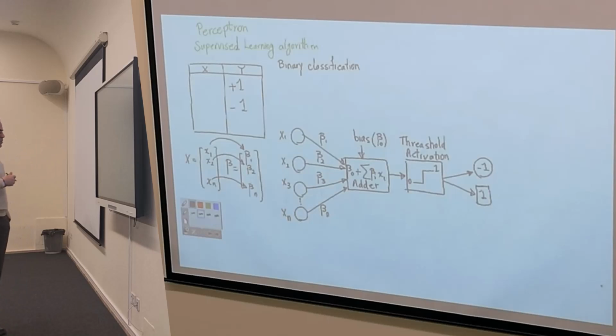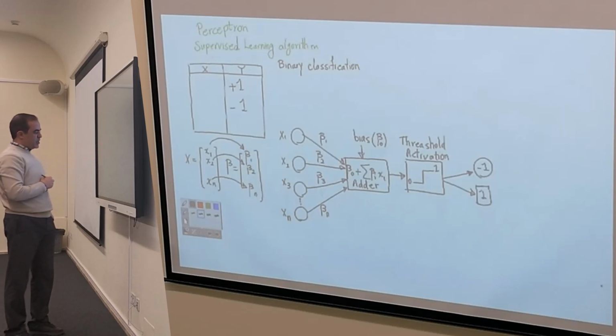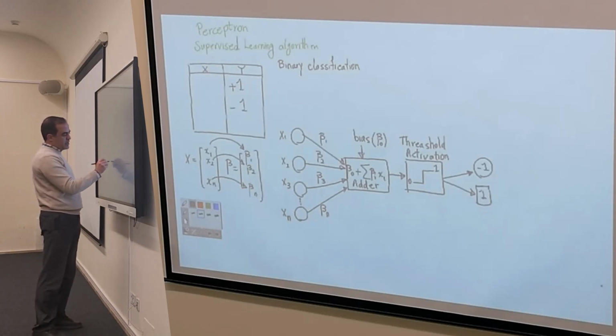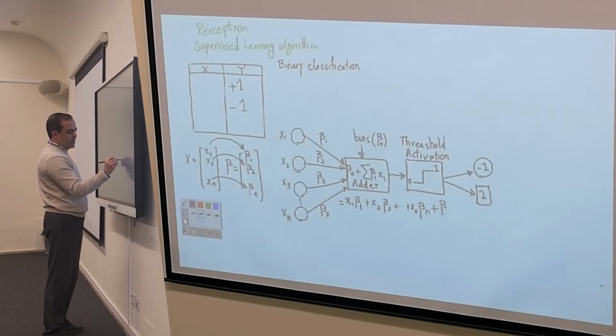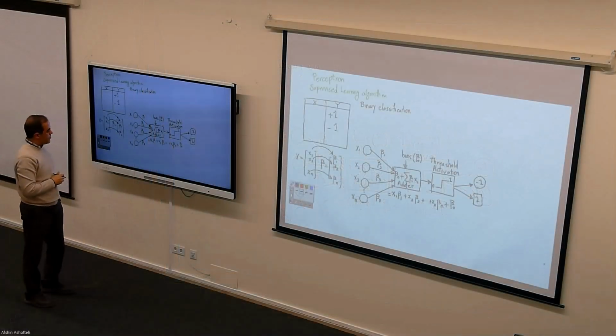So in this part that we reviewed all of this also before, we have this summation here, so we can say that it is equal to x1 beta 1, x2 beta 2, xn beta n plus the beta null as the intercept.